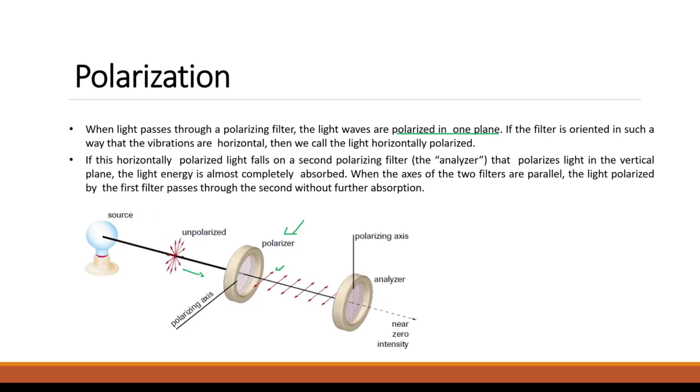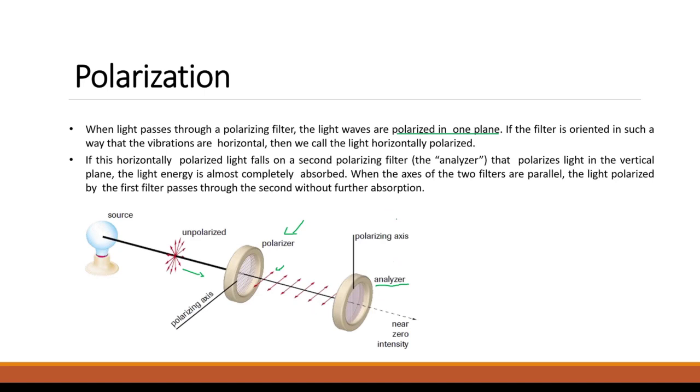And so if the horizontally polarized light falls on a second polarizing filter, the analyzer, which is responsible for polarizing in the vertical plane, the light energy is almost completely absorbed. As you notice, near zero intensity, barely any of it comes through because you have a perpendicular filter versus the waves allowed.